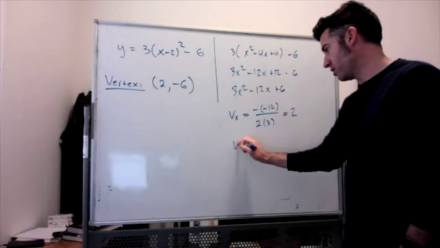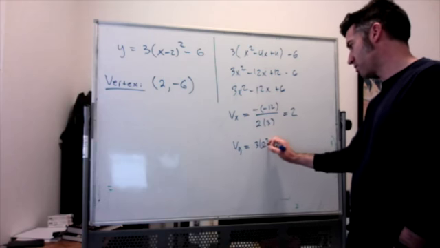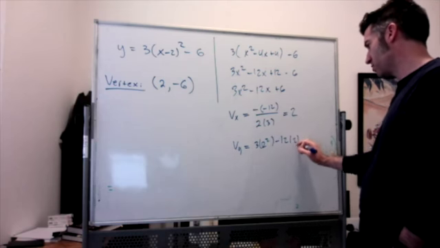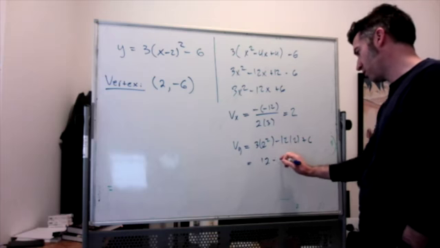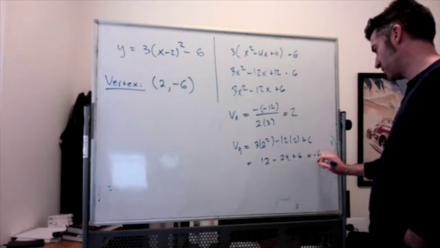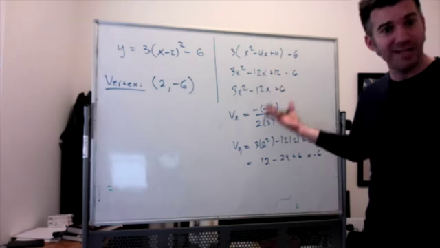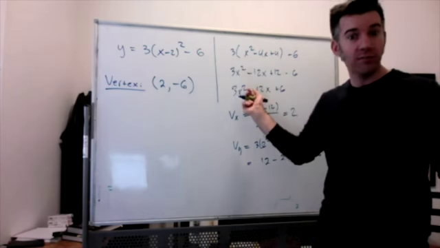And then for the y coordinate, you plug in x equal to 2, you get 3 times 2 squared minus 12 times 2 plus 6, which is 3 times 4 minus 24 plus 6, which is 12 minus 24 plus 6, which is negative 6. You should not do it this way if it's given to you like this. You could, but you shouldn't.